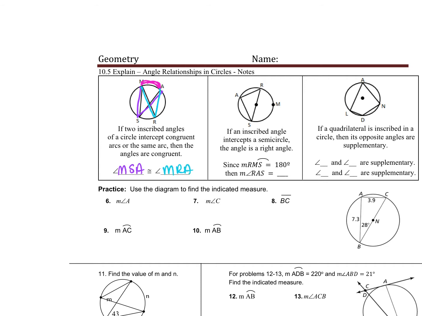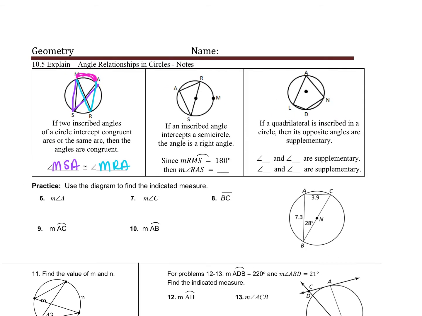So they are going to be congruent to each other. Then I look right here and it says that if an inscribed angle intercepts a semicircle, remember if it's a semicircle, we know that R to S is the diameter, so that makes this angle right here has to be 90 degrees because this right here is 180 degrees, that straight line. What's half of 180? Which gives me 90.